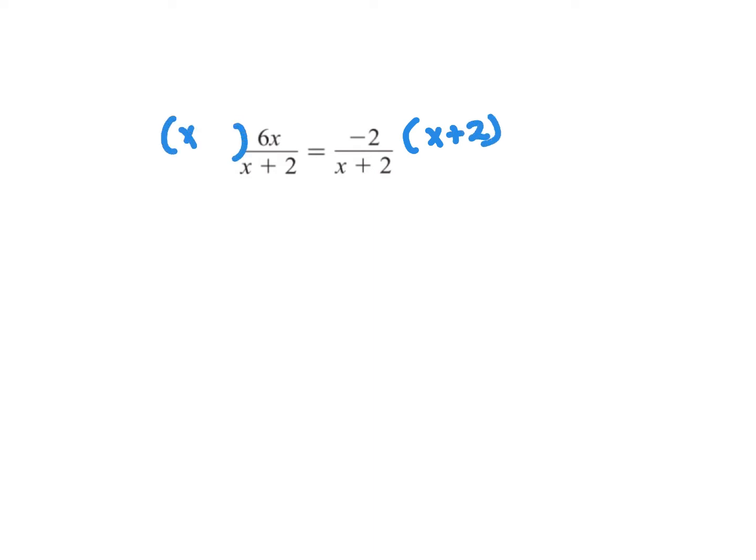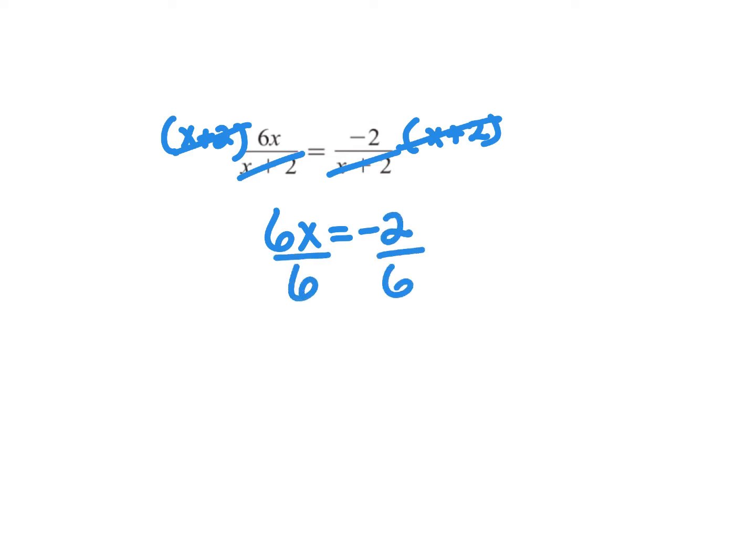And of course we're allowed to multiply an equation by the same thing on both sides. Then the x plus 2's cancel each other out in both the numerator and the denominator, and we're left with 6x equals negative 2. Then we divide both sides by 6 and say that x is negative 1/3, or negative 0.3 repeating.